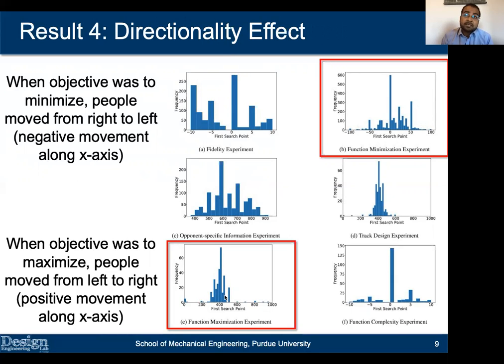Whereas in the function maximization experiment, their first choices are more focused on the left side of that midpoint, and then they eventually move to the right. This makes us conjecture about a possible directionality effect: when the objective is to minimize, they move along the negative x-axis, and when the objective is to maximize, their choices move along the positive x-axis.